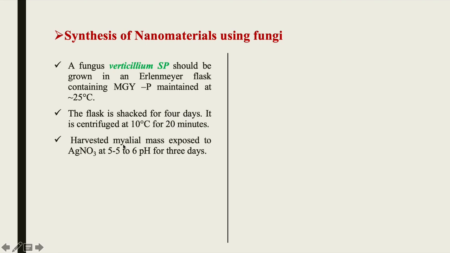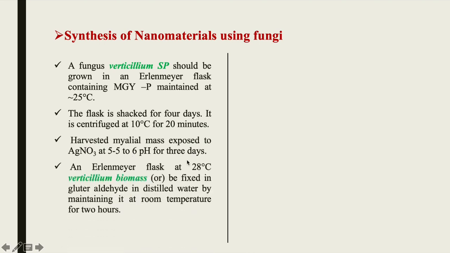So the harvested mycelial mass is exposed to silver nitrate at 5 to 5.5 to 6 pH for 3 days. If you expose it to silver nitrate at this pH for 3 days, then you can harvest this mass, whatever they have synthesized.